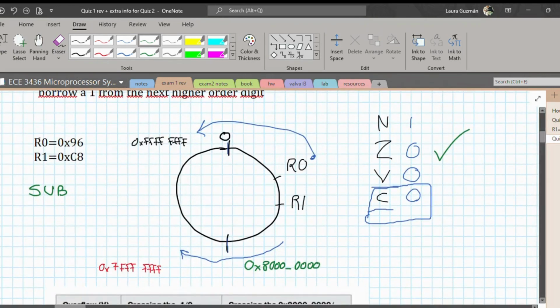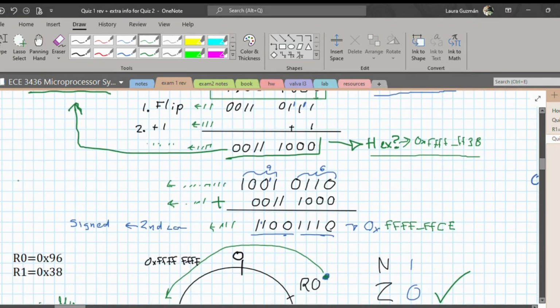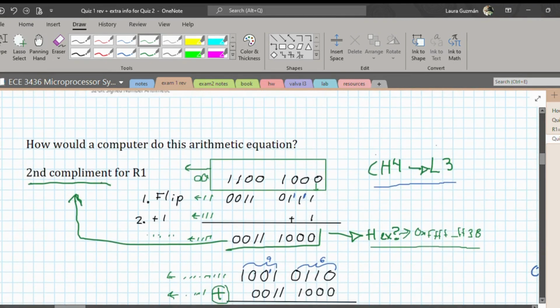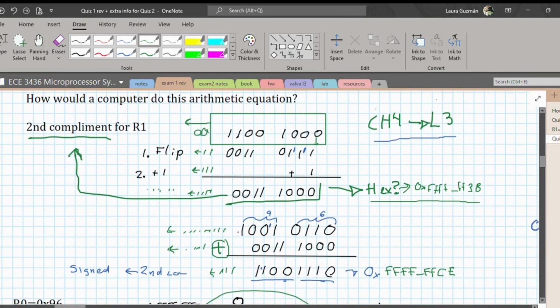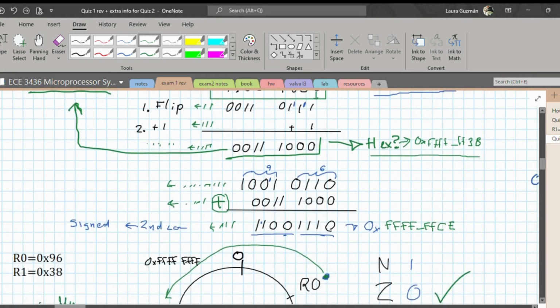Okay, 96 is R0. So we have R0 plus R1, because we already got the second complement. That second complement makes this subtraction into an addition. Basically, what we're doing is R0 minus R1, and what we're going to have is R0 plus the second complement of R1, which is going to be negative R1.